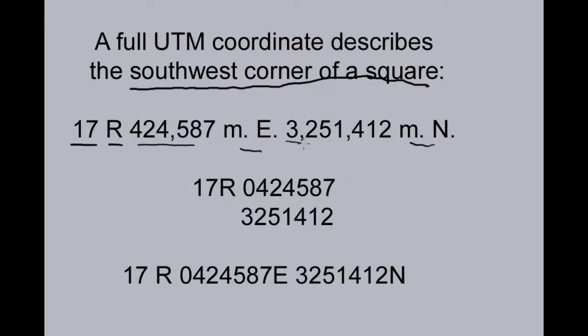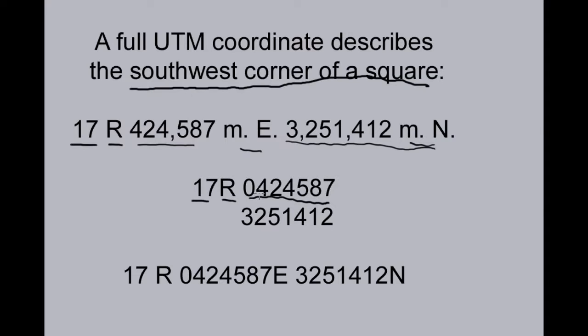Then the northing here tells us that the southwest corner of this square is located 3,251,412 meters north of the equator. There are several other ways that the UTM coordinate might be written. In a GPS, for instance, you may have the zone and the quadrant, and then the easting may be written here as 7 digits.